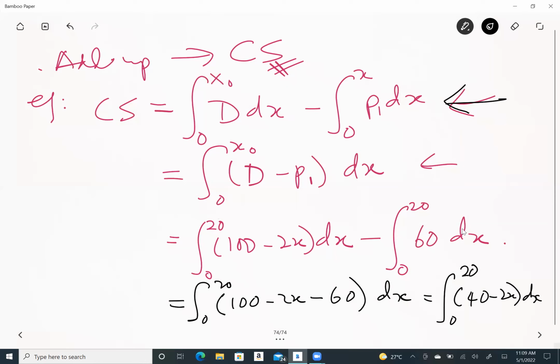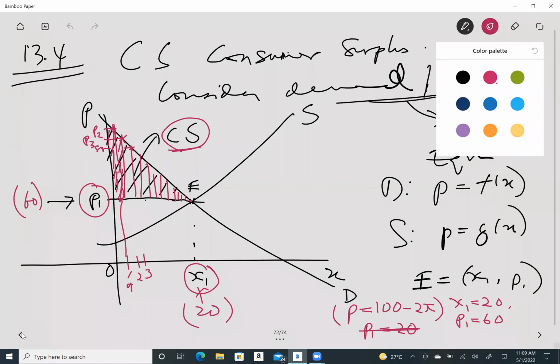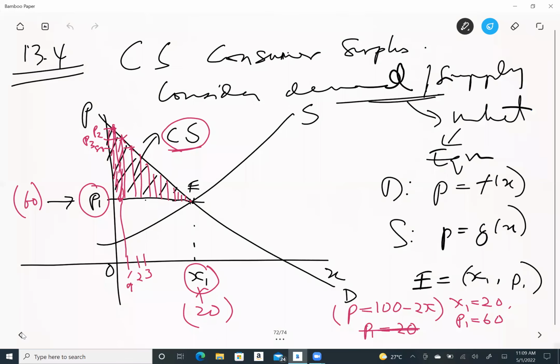Now, the next concept is producer supplies. Now, what is the producer supplies? Again, here, producer supplies, by this similar concept, it's the area under the market price above the supply function.